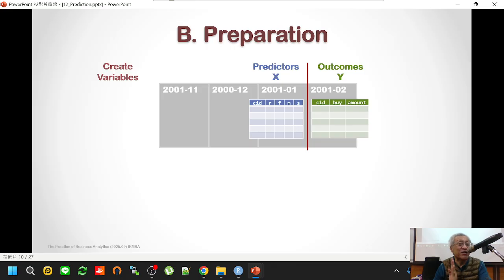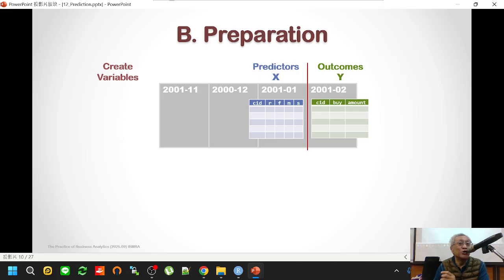Okay. Now this aggregation does not cover the entire 4 months. We can only aggregate the data for the first 3 months to make the predictors. Right? The reason is that we need to reserve 1 period. We need to reserve the last period of data.